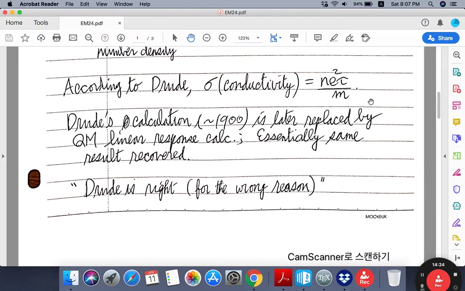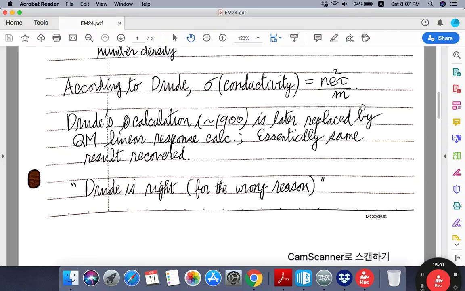And of course, people did that once they understood enough about quantum mechanics and how to do many-body quantum calculations. And interestingly, after all that sophisticated calculation is performed successfully, people get back to exactly the same expression as Drude had obtained several decades earlier.